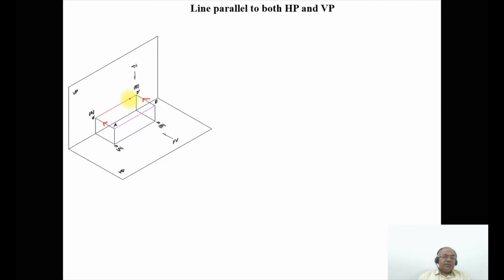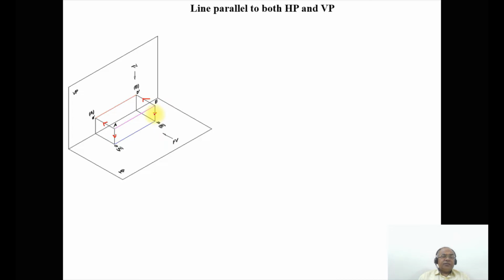So the images A dash and B dash will come here. Similarly, when you look from the top view, you can see the distance in front of VP, that is from A dash to capital A, and from B dash to capital B, which is the distance in front of VP. When it is projected, it falls on the horizontal plane here.